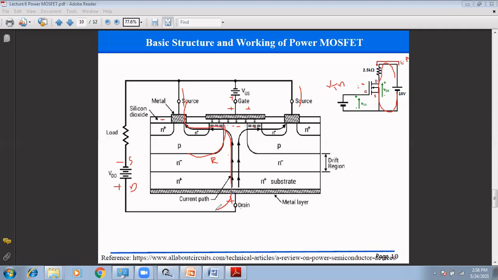So in that way the electrons enter the source, go to the N type semiconductor, the inversion layer, again the N type semiconductor, and towards the positive terminal of the battery through the drain terminal. So this is the path of the electron, and the conventional current is opposite to the electron. This is the path of the conventional current. So in that way the current flows from the drain to the source with the help of the VGS voltage.